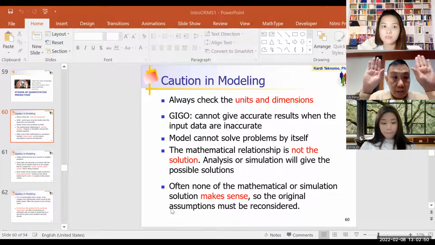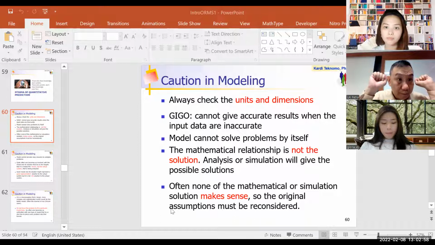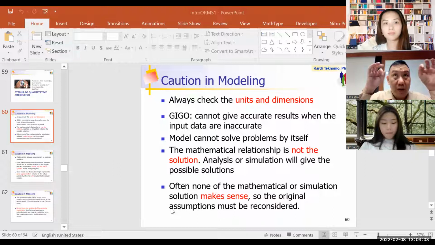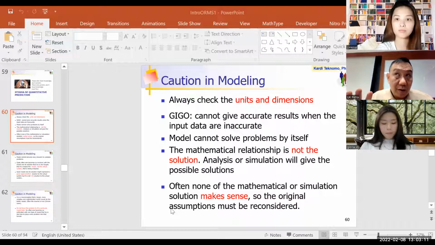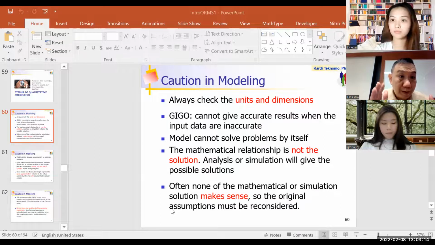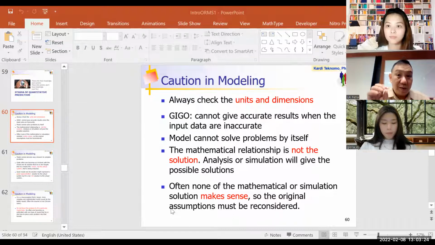Especially if you have an equation, the left hand side and right hand side should have the same dimension and units. For example, when I say unit, it means meter, kilograms, seconds. The dimension of meter is length, the dimension of kilogram is mass, the dimension of seconds is time. So not only must the dimension be correct, but also the unit must be correct.